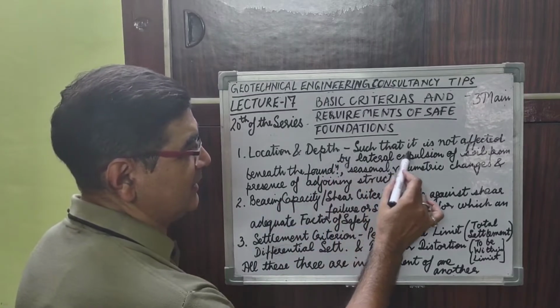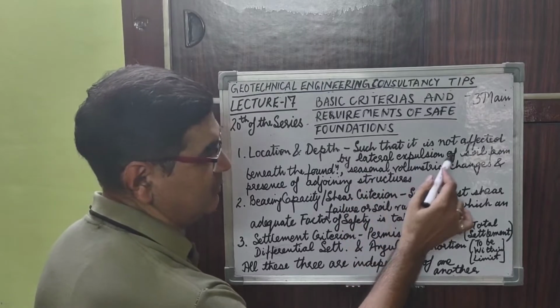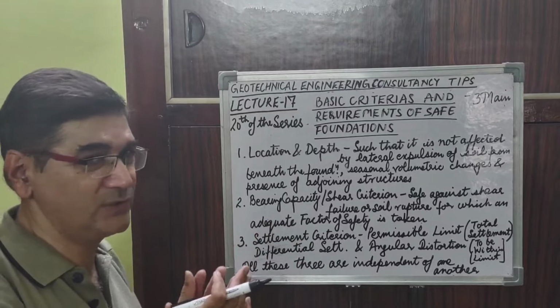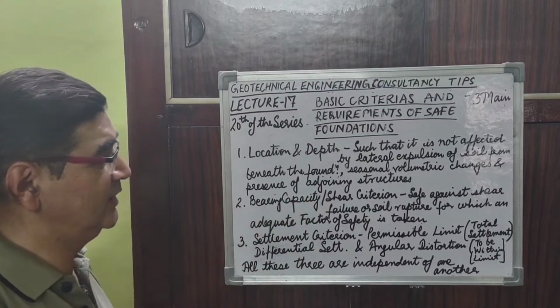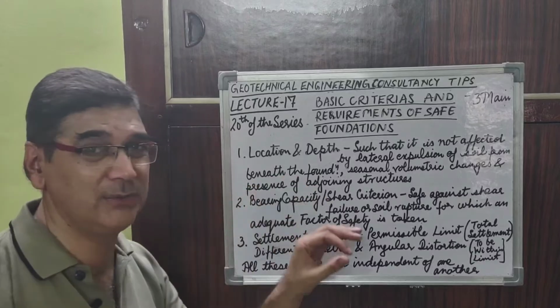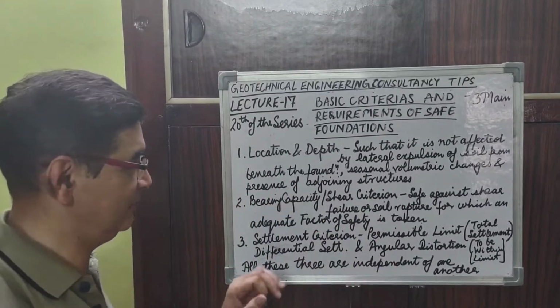It should be such that it is not affected by lateral expulsion of soil from beneath the foundation adjacent to the foundations, which I have just discussed in one of my previous lectures, which is usually known as the bulging of foundation when any shear failure occurs.